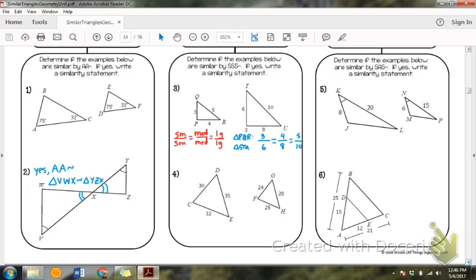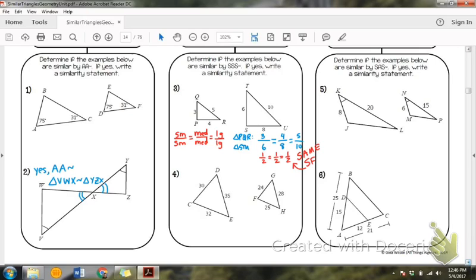Now, if I reduce all of these fractions, am I getting the same number? What is 3 over 6 reduced to? 1/2. What is 4/8 reduced to? 1/2. What about 5/10? Okay, so do you guys see that they have the same scale factor? Okay, so because all 3 of them have the same scale factor, and I'm just going to put SF, then these triangles are similar.